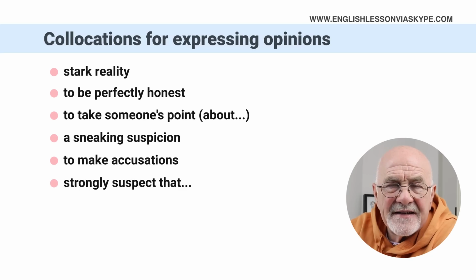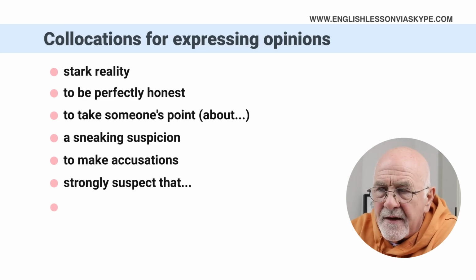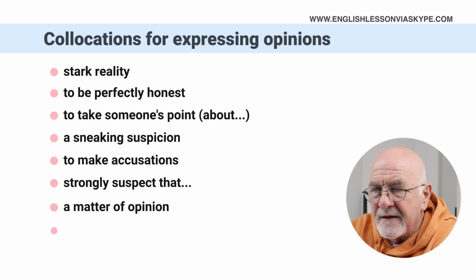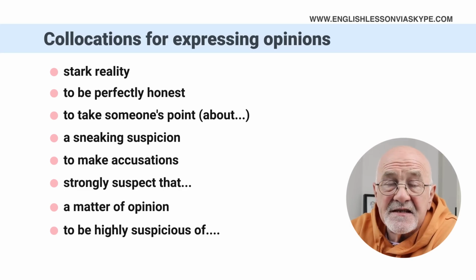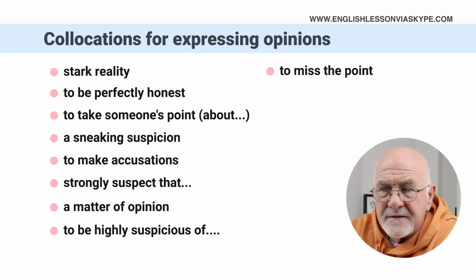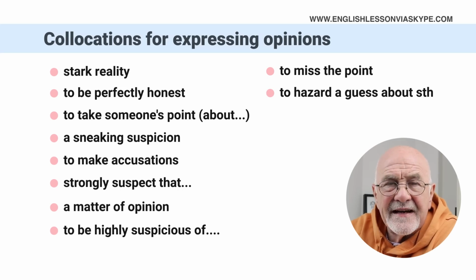I strongly suspect that. A matter of opinion. To be highly suspicious of. To miss the point. And then finally, to hazard a guess about something, to hazard a guess.